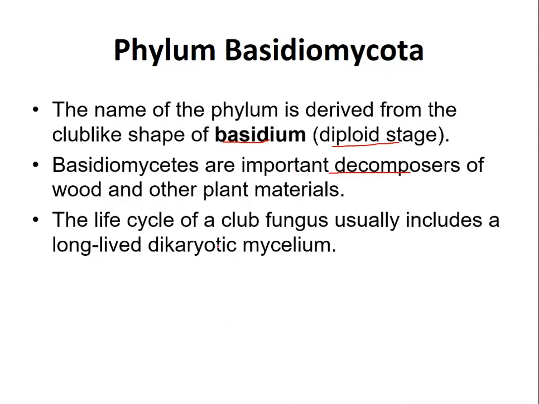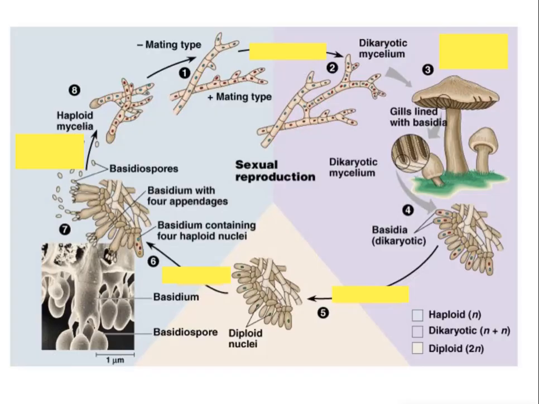The life cycle of club fungi usually includes a long-lived dikaryotic mycelium. So this is a very special characteristic of phylum Basidiomycota. They have long-lived dikaryotic mycelium. Okay. Alright, you can see here the haploid stage of the life cycle is the light purple color.